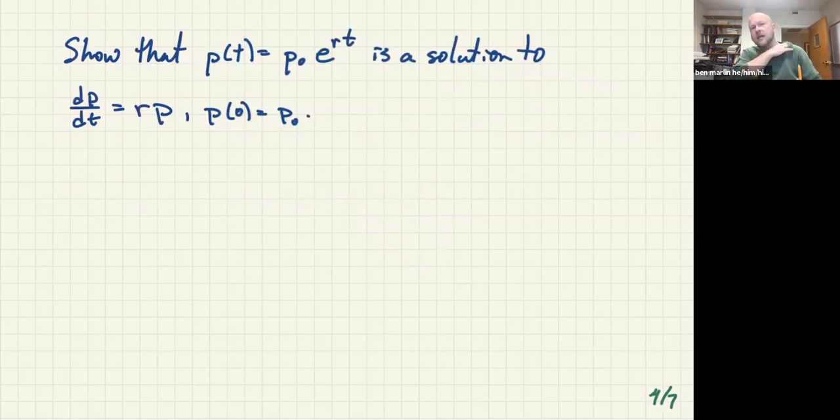So here's another sort of modeling problem. If you look at population dynamics, we frequently make the observation that a population grows in proportion to the population itself. If there are more people, then there will be more babies, and you can apply that to non-people populations as well.